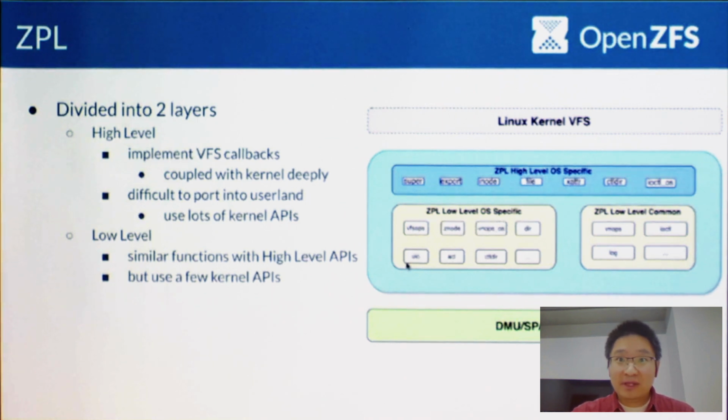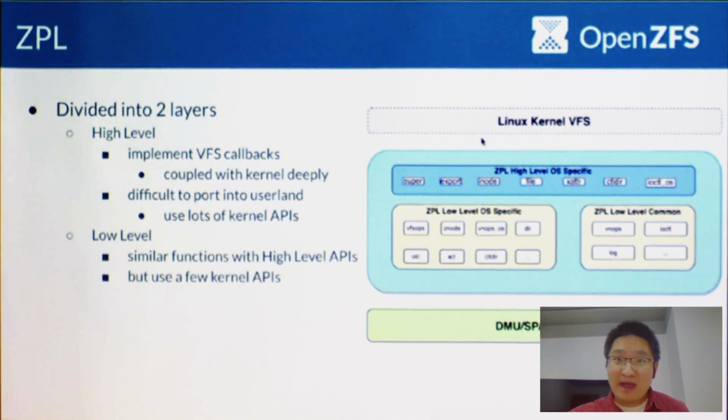Whereas the low-level layer has similar interfaces to the high-level one, but it is isolated from most of the kernel APIs. Instead, it uses low-level structures defined by ZFS itself. We will take an example in the next slide. The real work of the VFS operations is done in this layer by invoking the interfaces the DMU or other ZFS components provide.